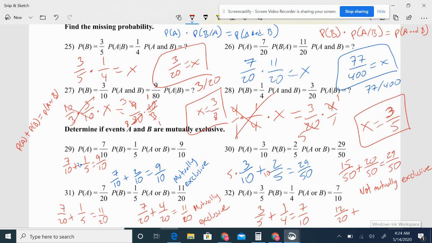The second fraction, let me multiply top and bottom by 5. So I have 5 over 20. The last fraction, let me multiply everything by 2. It gives me 14 over 20. I just wanted common denominators. So now I'm asking, is 12 plus 5, I'm just looking at the top, is 12 plus 5 equal to 14? It is not true. Therefore, not mutually exclusive.